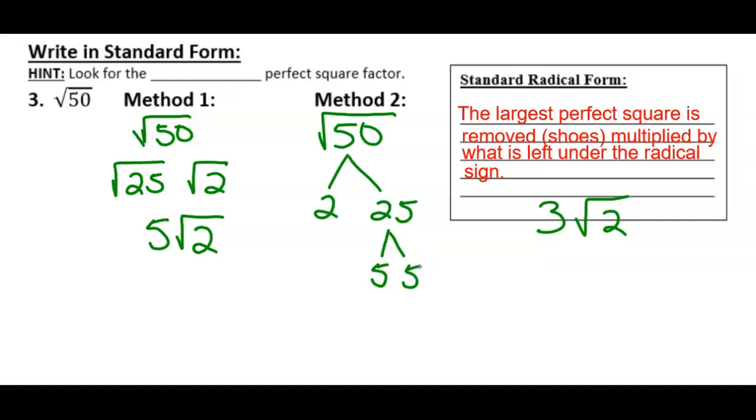Now here's where I'm talking about the shoes. Okay? Would you walk outside in a pair of shoes? Sure, you'd wear a pair of shoes out. How many shoes are in a pair of shoes? There's 2, right? You wouldn't walk around with just a left shoe on or just a right shoe on.